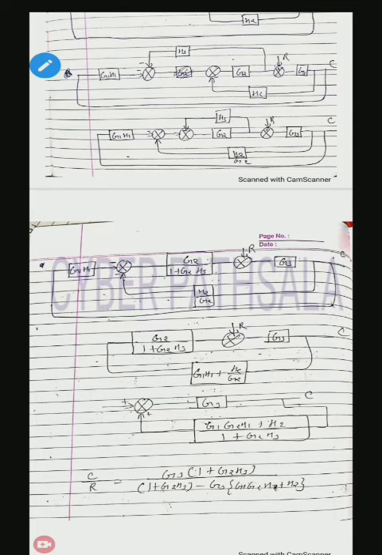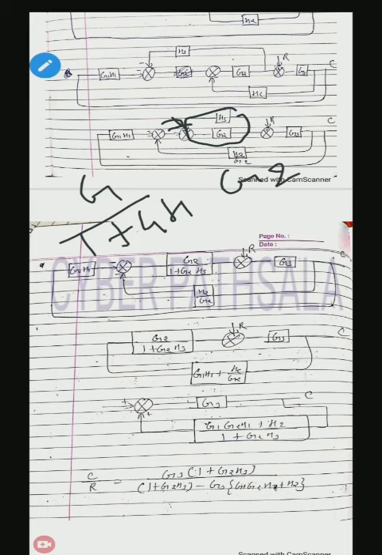Here we can see that as we interchange the two summers, we get positive feedback H3, so we can reduce it with the formula G upon 1 plus GH. What we get is G2 upon 1 plus G2 H3, as you can see in this block diagram.